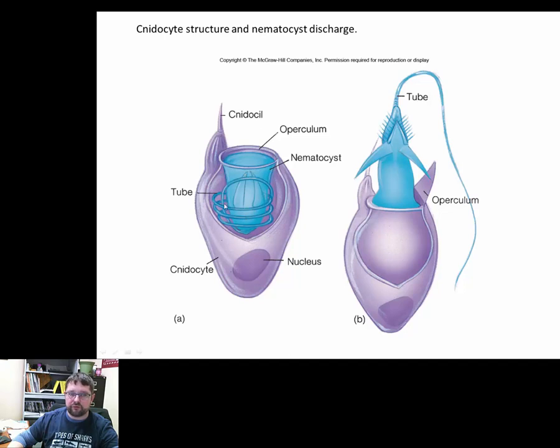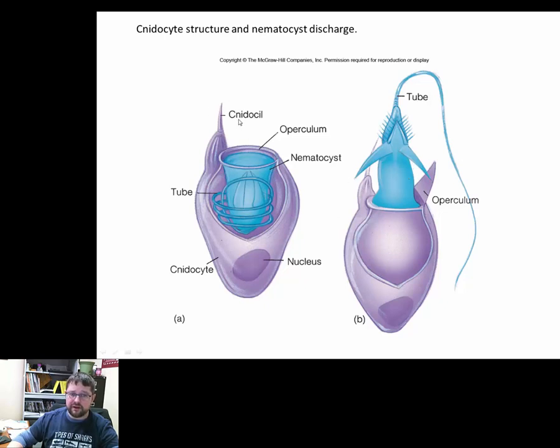The whole system is called the nematocyst, which would include an operculum, which just means gill cover, so you have a cover that goes over the top. You often will have some kind of tube attached to the nematocyst. That tube can have venom, digestive enzymes, these kinds of things in it, and that's where the stinging sensation comes from. When that tube breaks, it releases that material into your body if you've been stung by a jellyfish or whatnot.